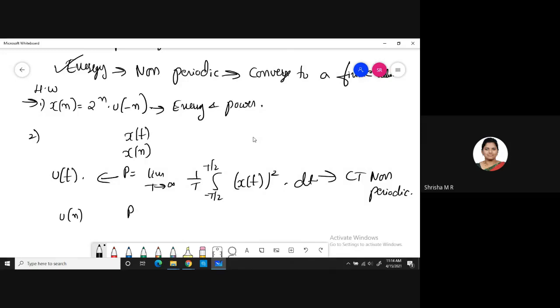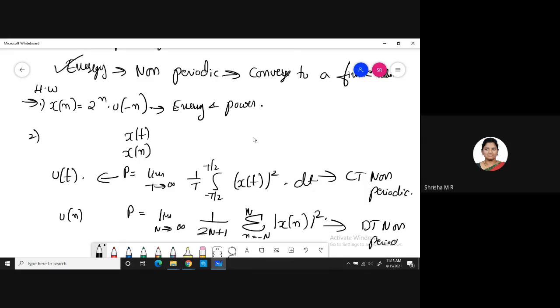So power for a discrete time signal is limit n tends to infinity, 1 by 2n plus 1, summation from n equals minus n to n of x of n square. This is for discrete time non-periodic. I'll solve problems on these two, okay? Fine.